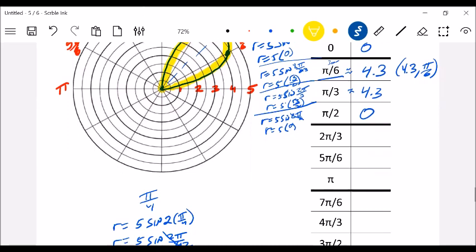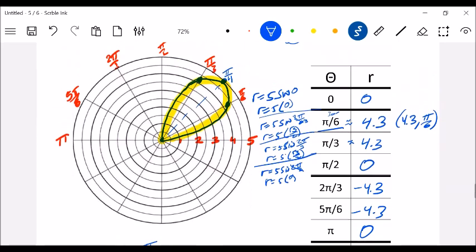As we continue, you can see the correct way to do it, so you can do any of these by hand. I'm going to put the numbers down here so we can graph them: negative 4.3, negative 4.3, and 0. Let's graph those first. At 2 pi over 3, we go the other way, negative 4.3, so we go to here.